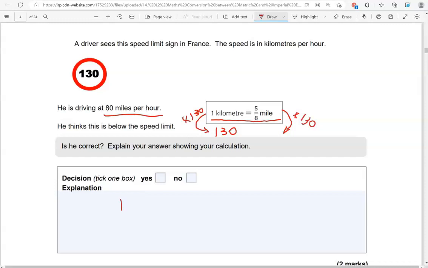So 130 times 5/8. That is the same as 130 ones, so I can multiply 130 by 5. 5 lots of 130.